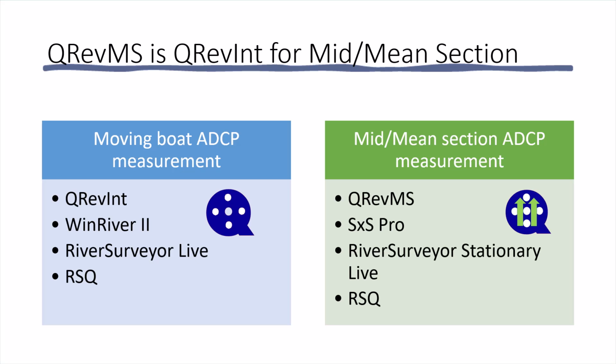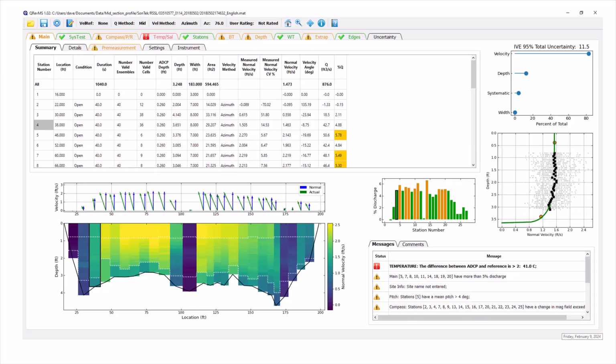QRevMS is basically QRevInt for the mid and mean section methods of using the ADCP. QRevMS supports post-processing of data collected by TRDI Section by Section Pro, SonTek's River Surveyor Stationary Live, and RSQ in stationary mode. The user interface should be very familiar to QRevInt users.